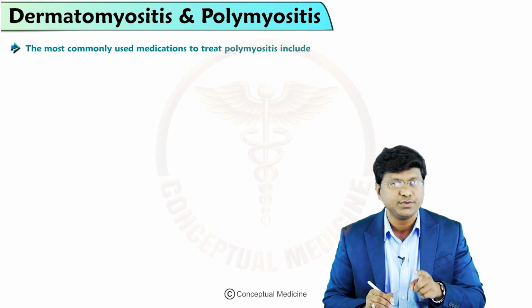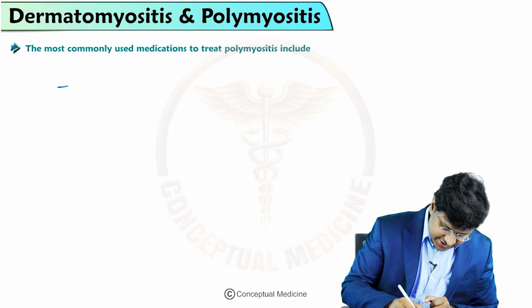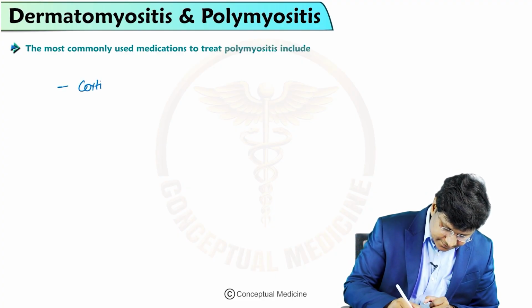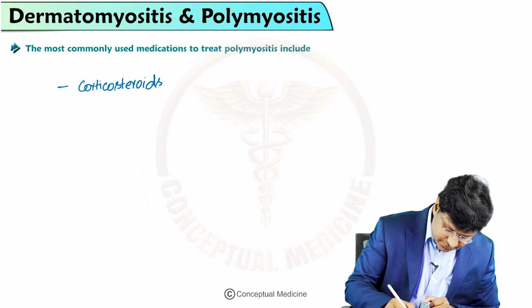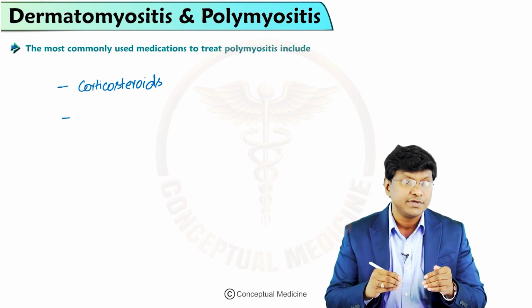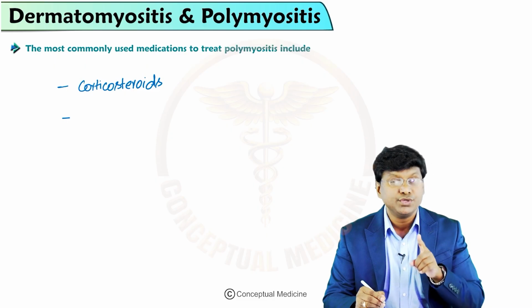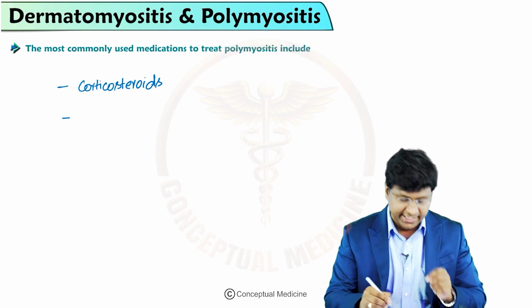The most commonly used medications to treat myositis include the steroids, that is, corticosteroids. In those individuals who have adverse effects secondary to the steroid therapy, you need to use corticosteroid-sparing agents.